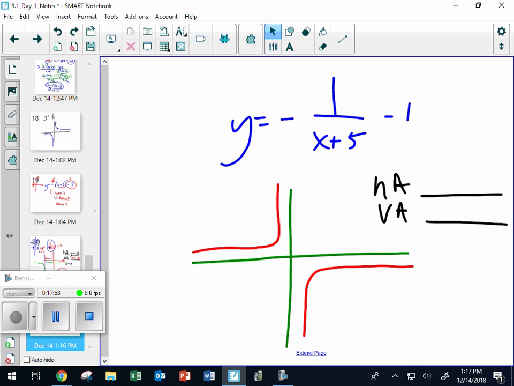But sometimes you're going to have 2 or 3 vertical asymptotes. When we get done with this unit, you'll be able to handle as many as 3 vertical asymptotes. Technically, you should be able to handle any number of vertical asymptotes, but a typical test question on the very end, the hardest ones, might have 3 vertical asymptotes.